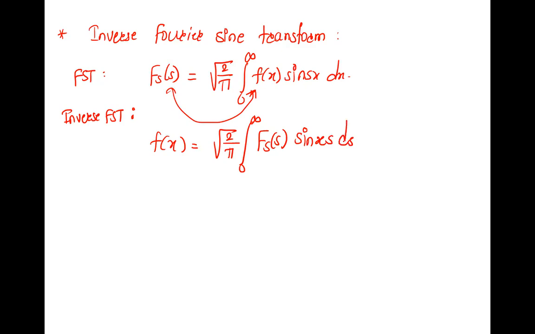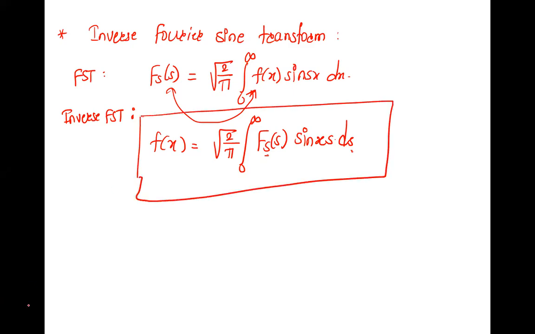Yes, very good, ds. If you are taking its inverse, means you are converting back to x. So you should integrate with respect to s. Please remember, function is of variable s, so there should be s. Very good. So write the definition. You can write this directly. This is the definition of inverse Fourier sine transform.